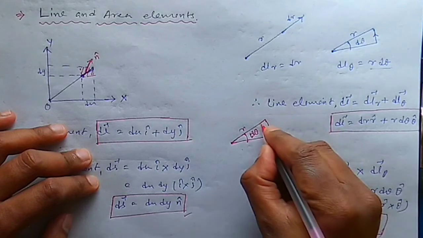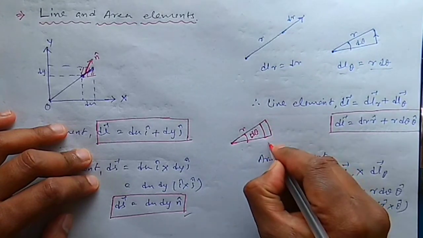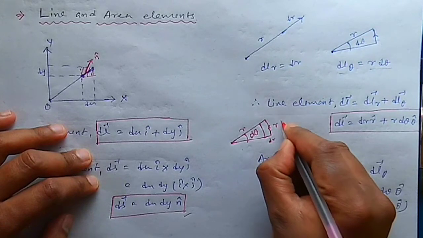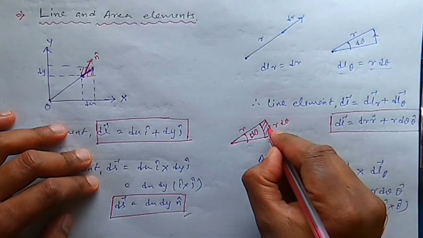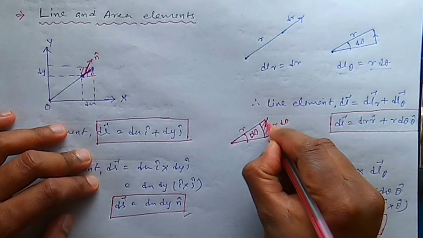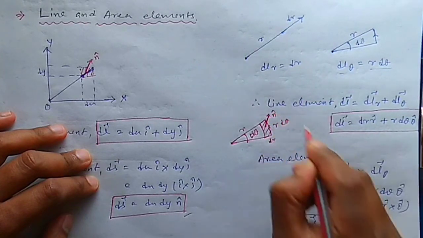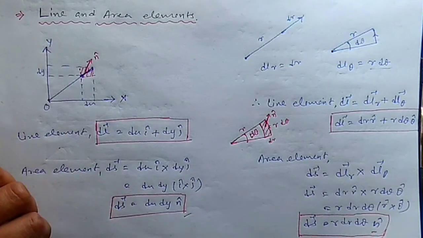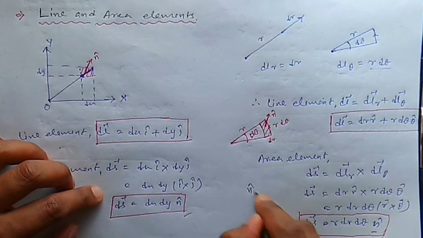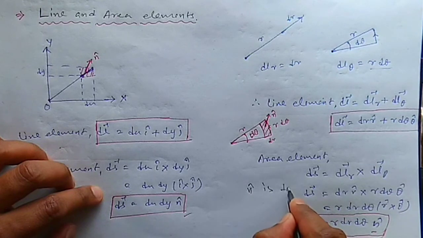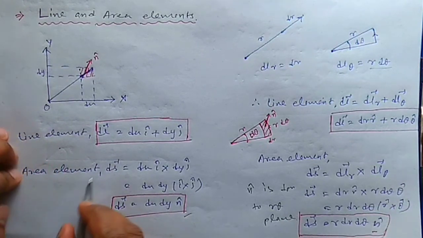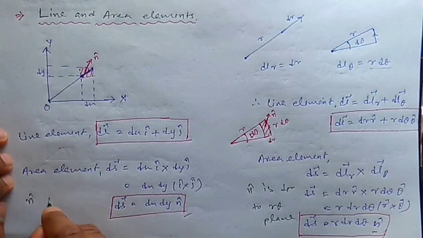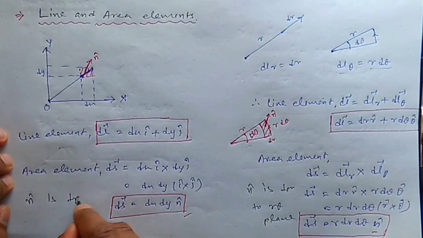This is dr and this is r d theta. And this is n cap. Here in the case of plane polar coordinates, n cap is perpendicular to the r theta plane, and in Cartesian coordinates, n cap is perpendicular to the xy plane.